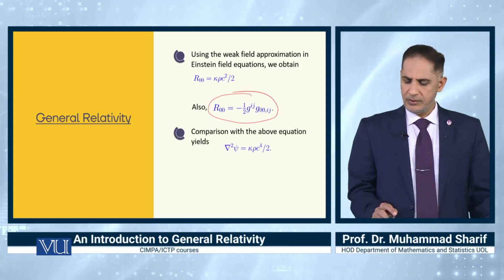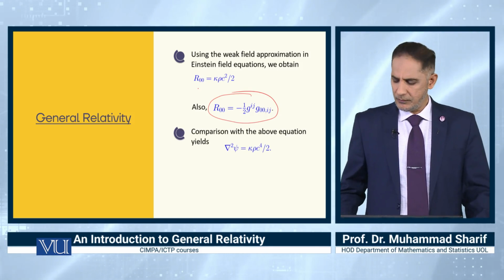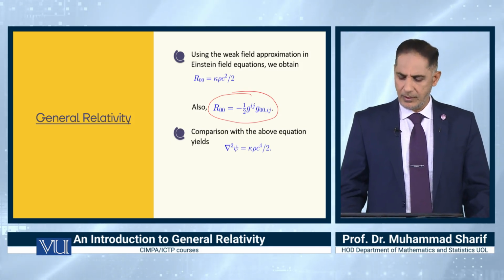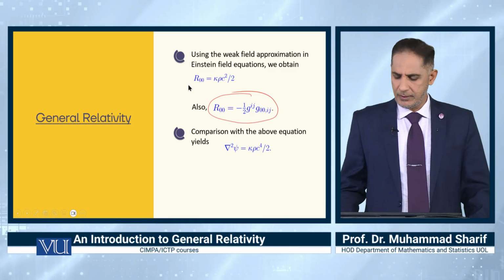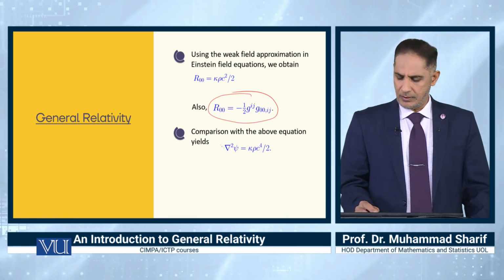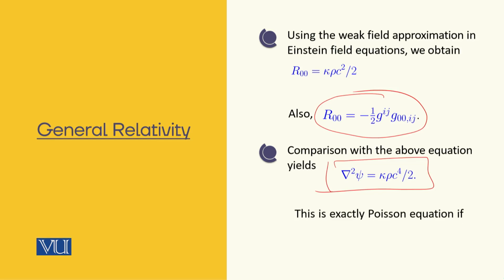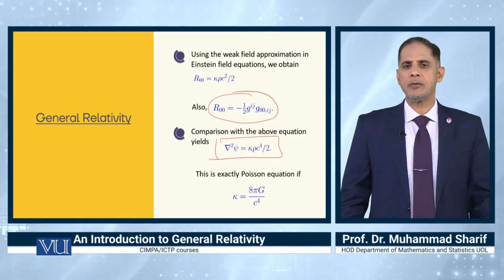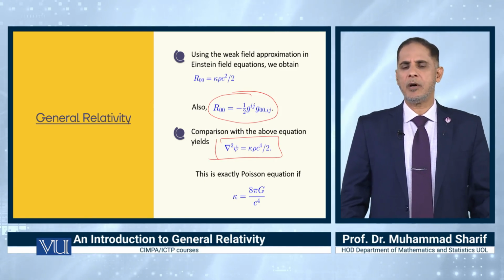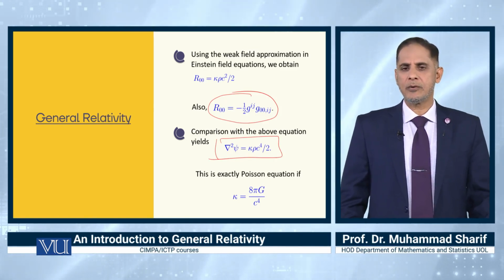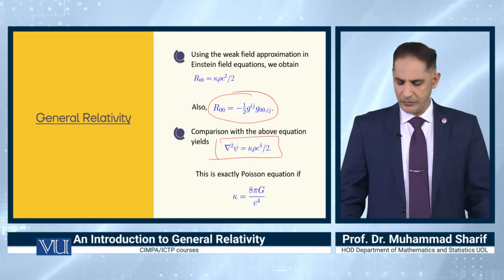If we compare these two values of the Ricci tensor, found through the Einstein field equation and the usual formula, we have an equation like this, and this is the well-known Poisson equation if we choose kappa equal to 8 pi G. So, in fact, we considered the Einstein field equations, applied the limitations, and then arrived at the Poisson law of gravitation, and we have also found the value of the coupling constant.